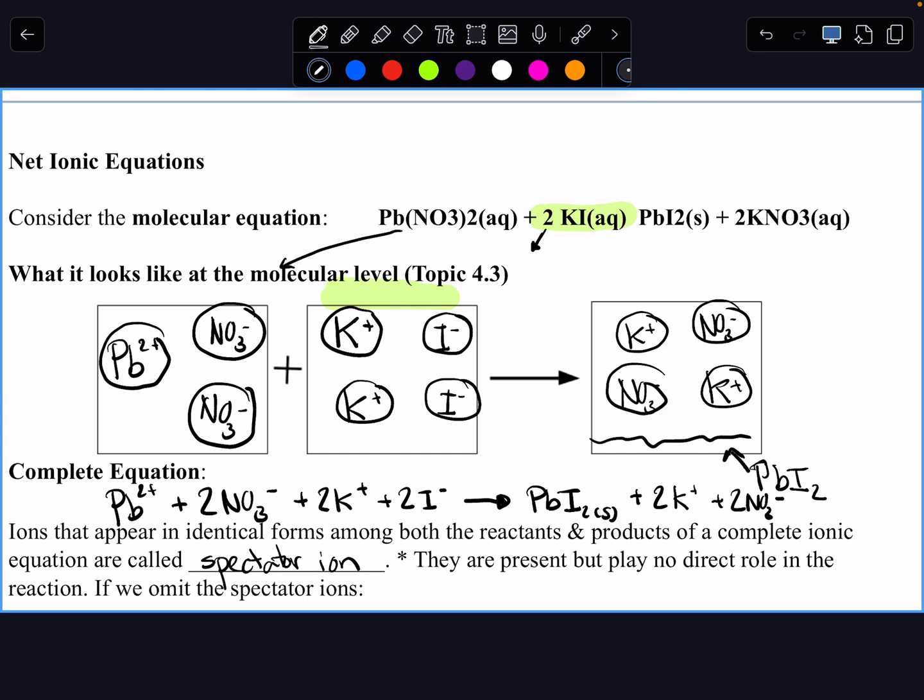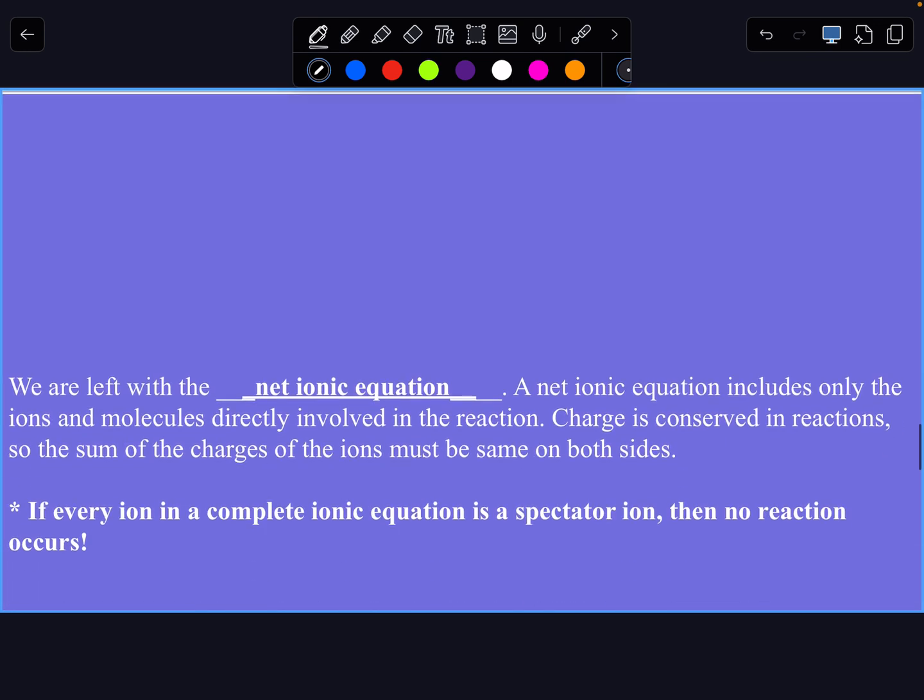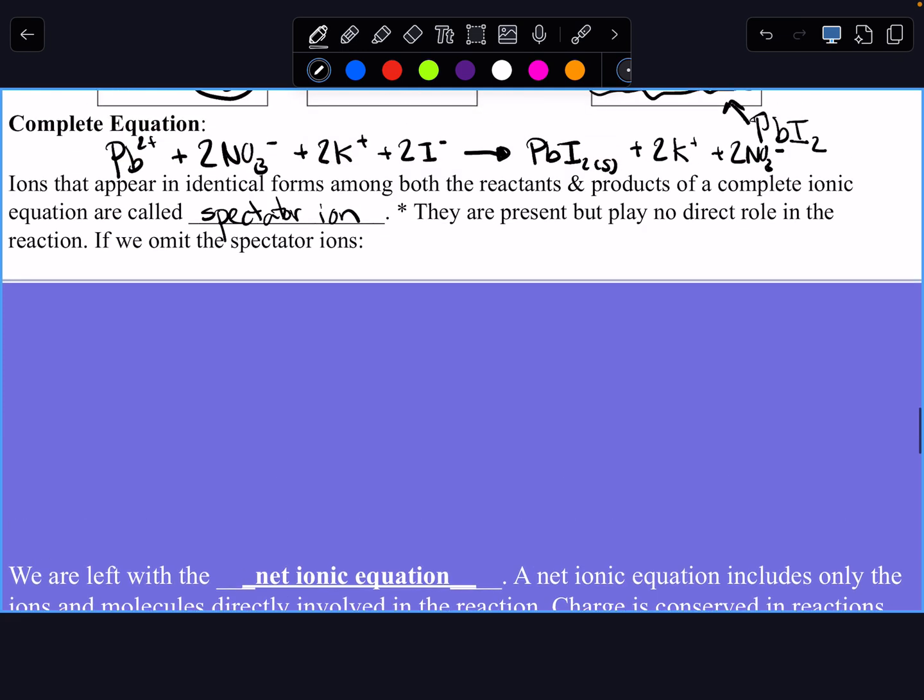The net ionic equation, which is our final step here, simplifies a reaction to just show you what actually played in the game, and you get rid of the spectators. So if I get rid of the spectators, my net ionic equation would be, we made PbI2 from Pb2+ and 2 I-.